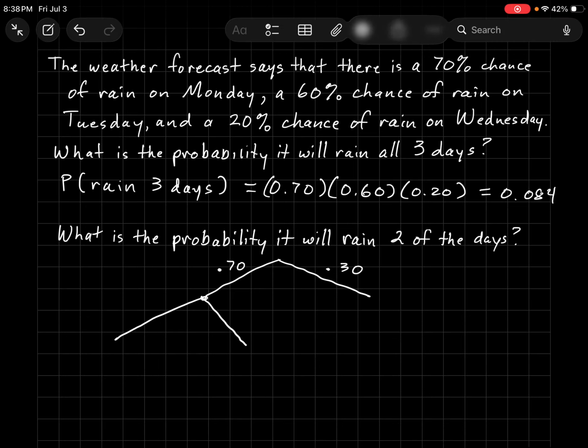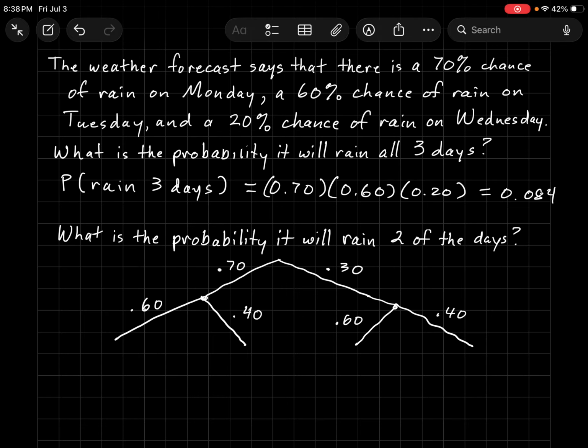So for rain the first day, what's the probability that it rained the second day on Tuesday? Well, I'll put rain on the left and no rain on the right. But it's the same as if it hadn't rained the first day. So I can put extra branches over here. 0.6 rain on the left, 0.4 no rain on the right. So the second level of branches is my second day or second choice.